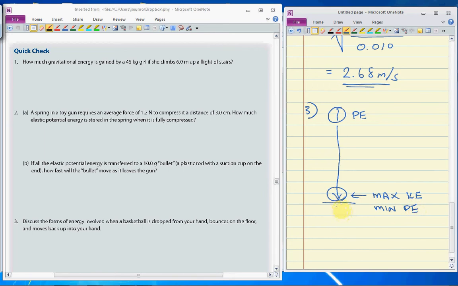And then as it's deformed, it gains a new form of potential energy: the elastic potential energy of the ball is stored in the deformed shape of the ball. Then when the elastic potential energy is changed back into kinetic energy, the ball will drive upward. As it drives upward, again, the kinetic energy will decrease and the potential energy will increase. It's pretty much all you have to worry about.